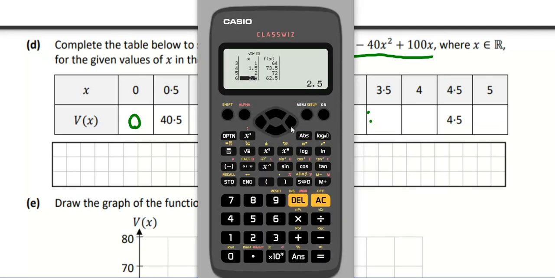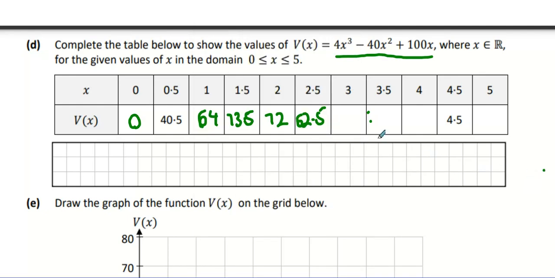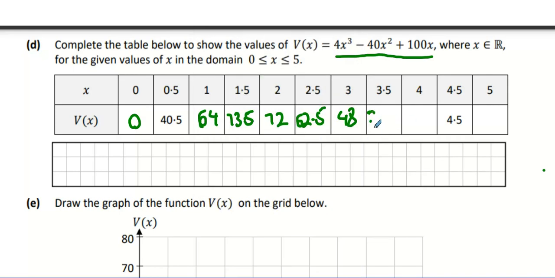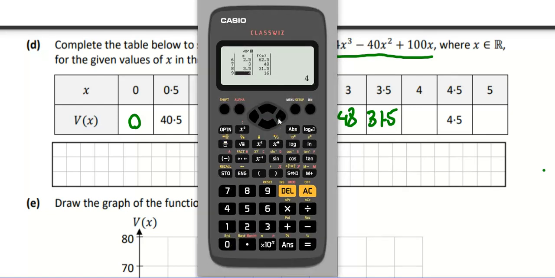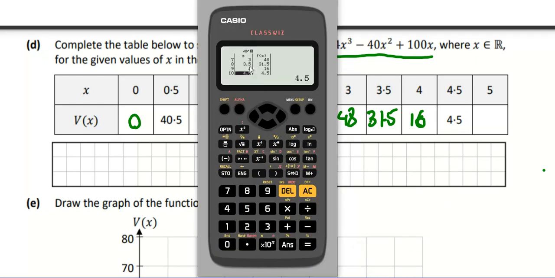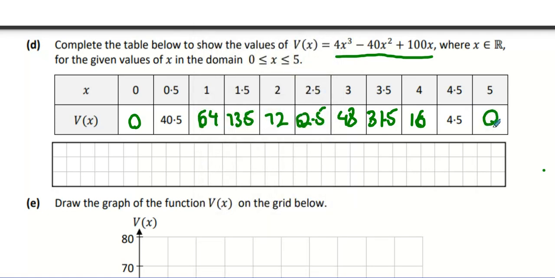We got 3, which is 48. We got 3.5, which is 31.5. We got 4, which is 16. Now they're quite nice in this exam because they tell us what 4.5 is, and that means we're definitely correct here, and that's a 0.